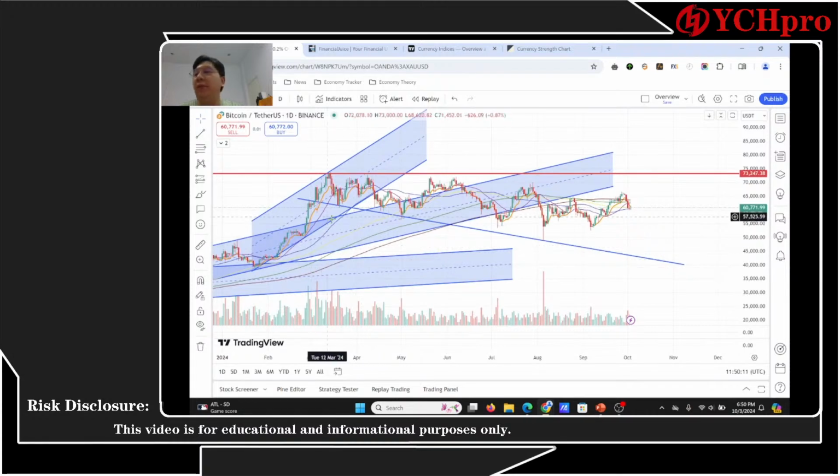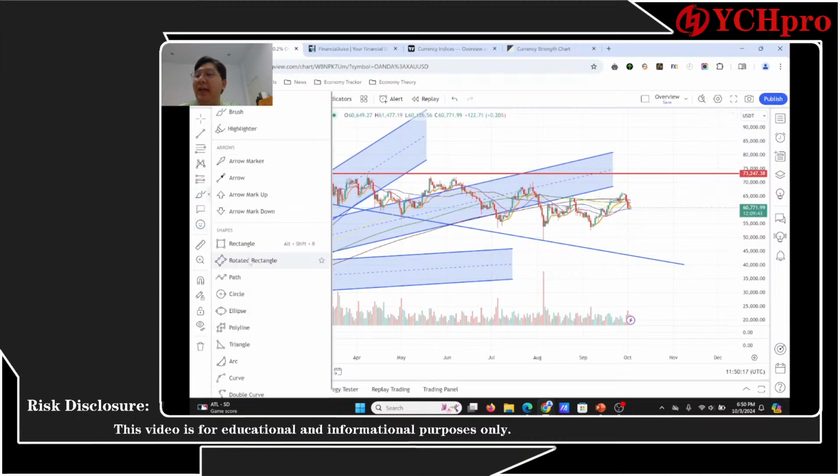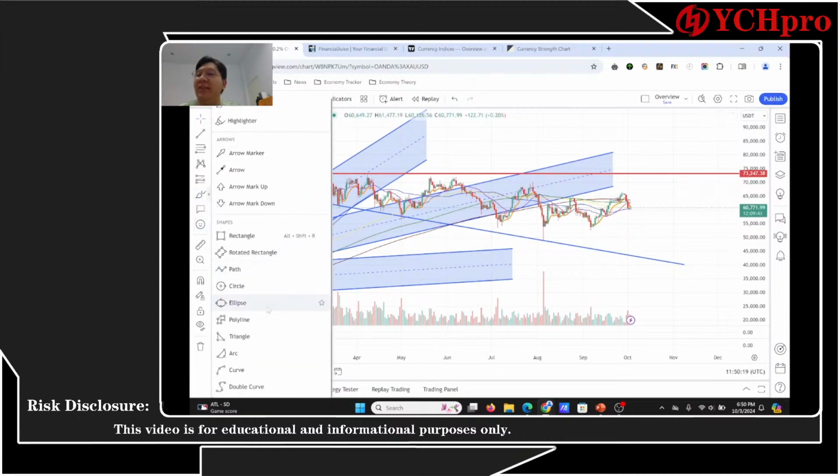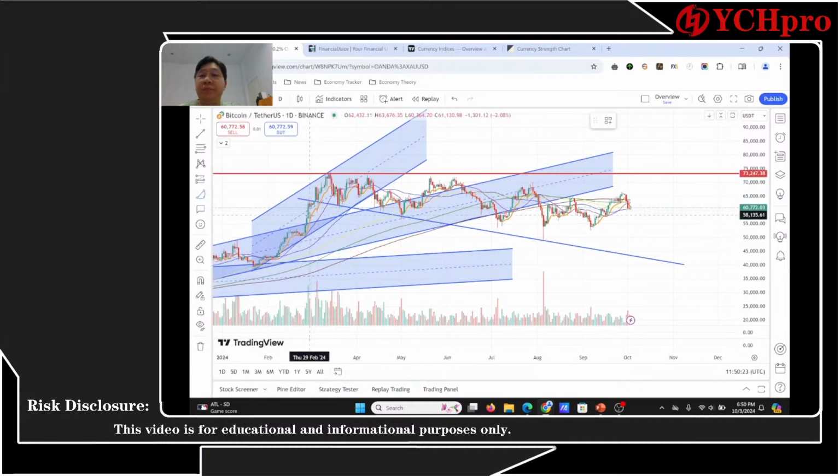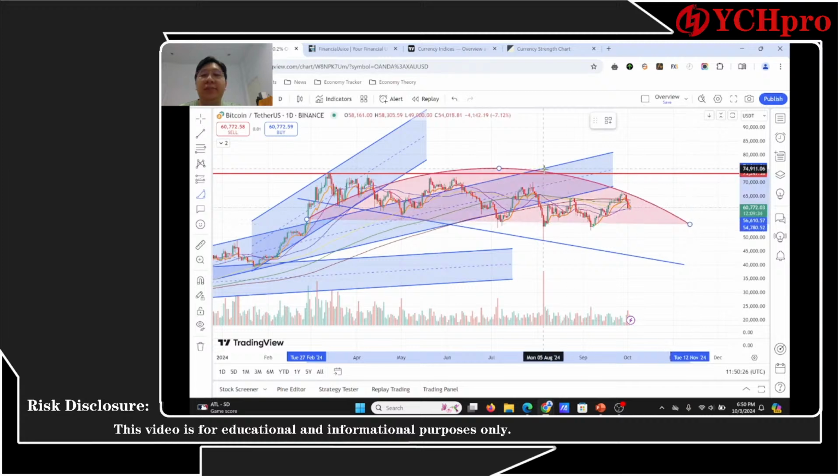So this is one of the things I am looking at right now on the Bitcoin side. It has been going through those kinds of phases, and that is a topping phase on the Bitcoin side as well. This is a topping phase on the crypto side.